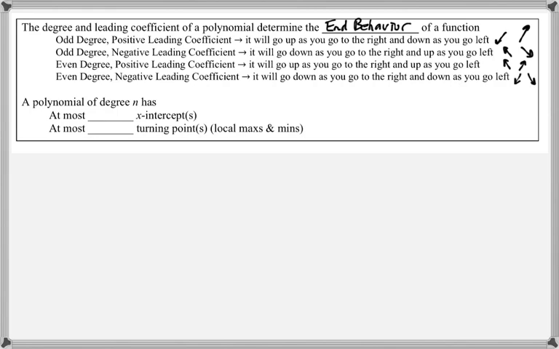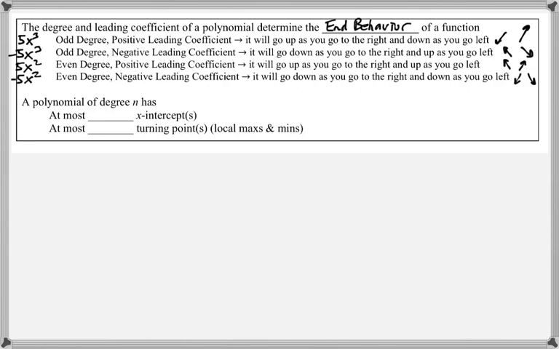If you ever can't remember these, you can type in numbers into 5x cubed, negative 5x cubed, 5x squared, and negative 5x squared. These are the four cases: odd degree, positive leading coefficient, negative leading coefficient, even degree, positive leading coefficient, negative leading coefficient.